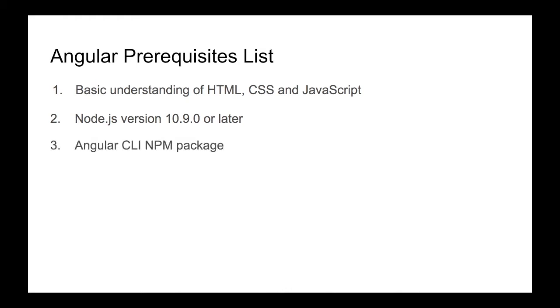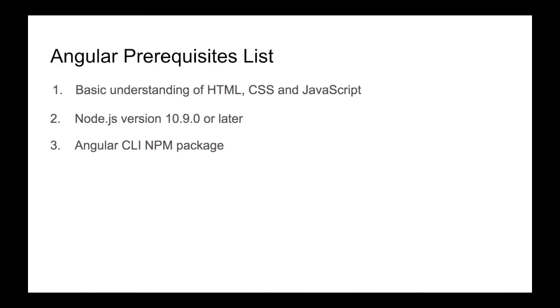Then you require the Angular CLI NPM package. What Node provides is a Node package manager, that is NPM, and through NPM you install Angular CLI. What Angular CLI does is it helps you generate a basic level of code that your project requires.